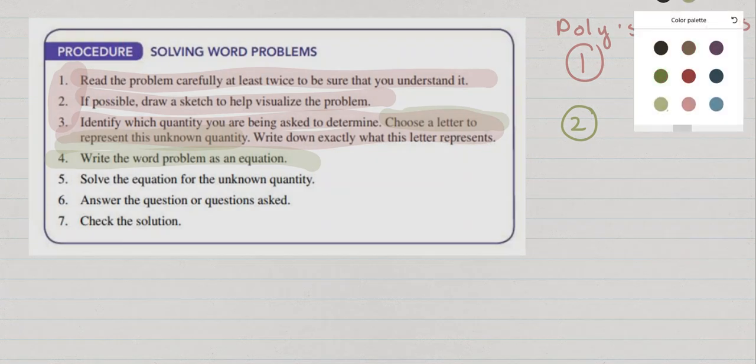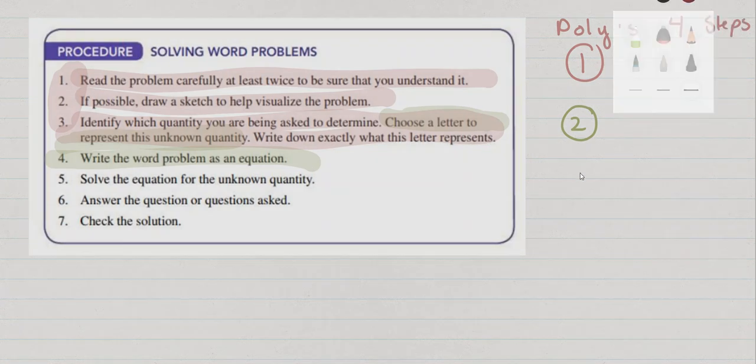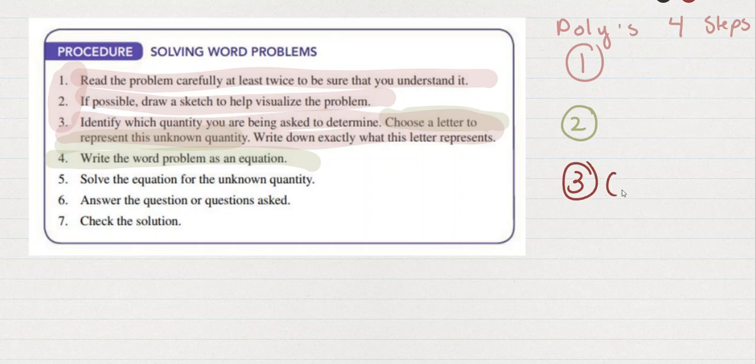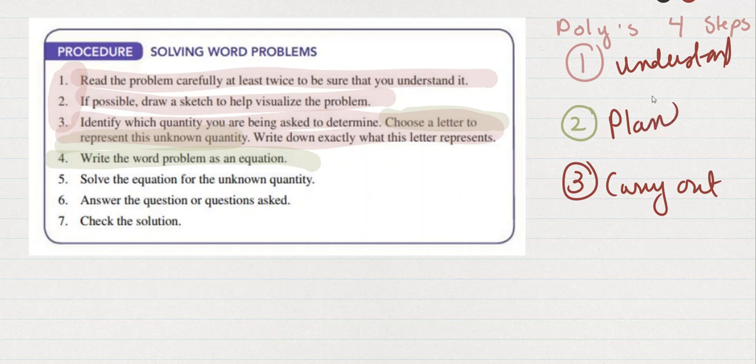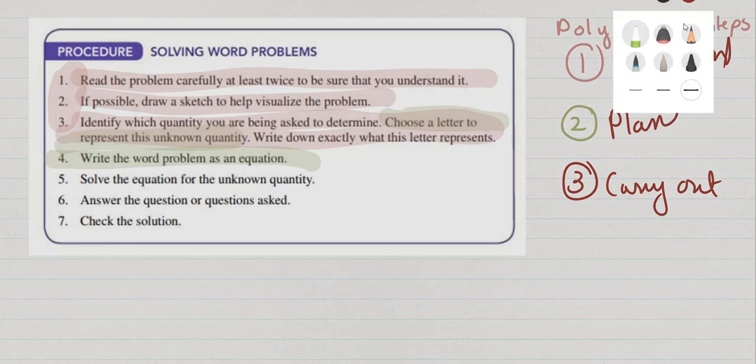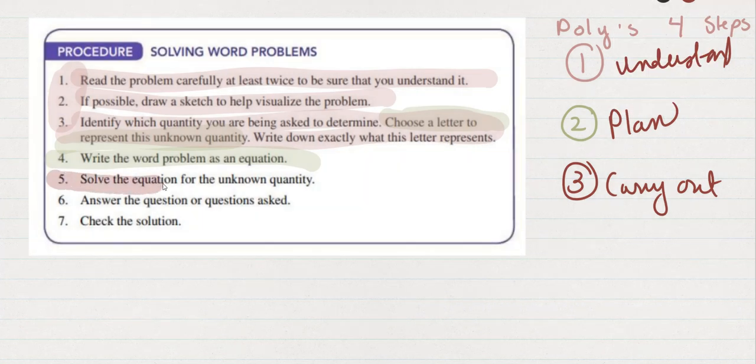Then step number 3 is to carry out. So we had understand, plan, and now carry out the plan. The carry out the plan is this solve the equation.